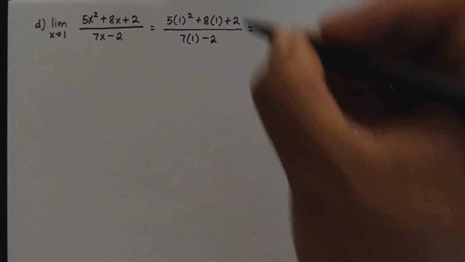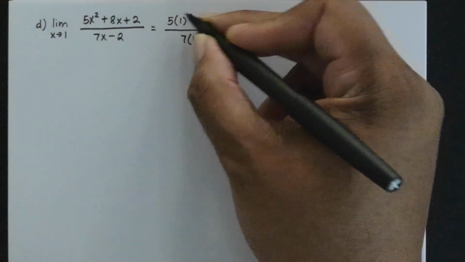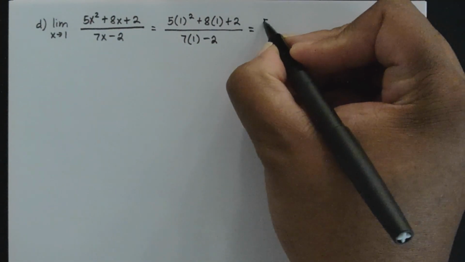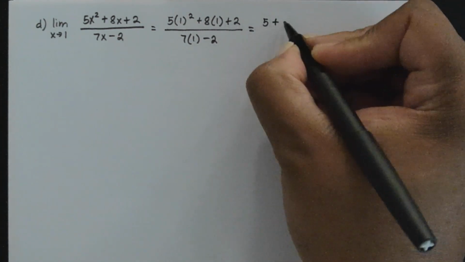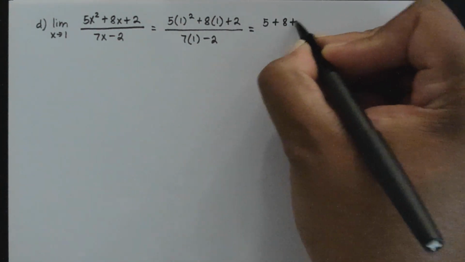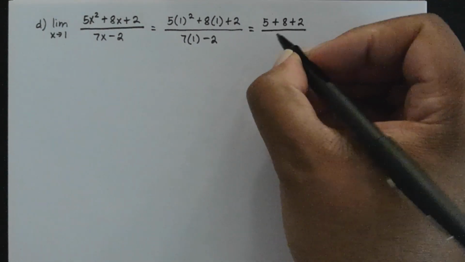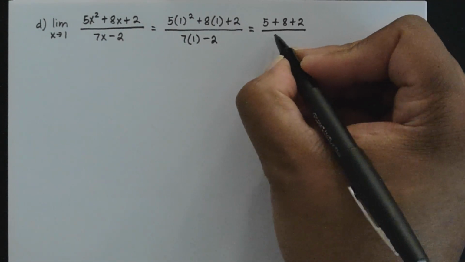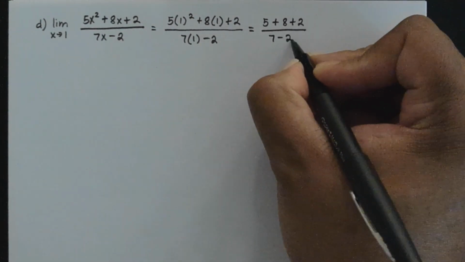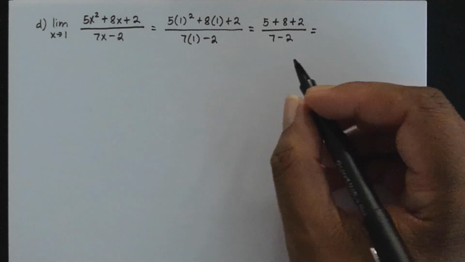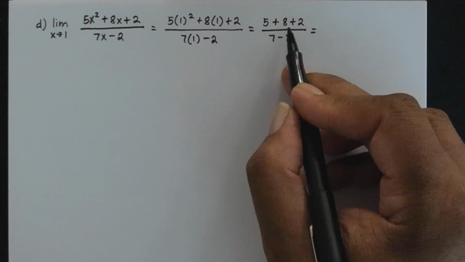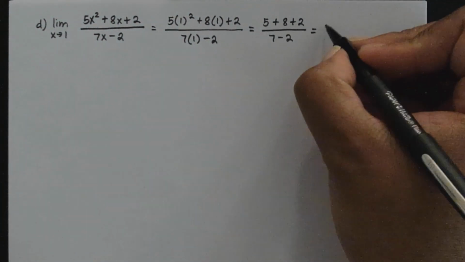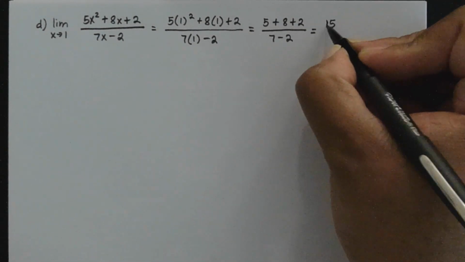Now, if I simplify that numerator, 1 squared will be 1 times the 5 in front will be 5, plus 8 times 1 is 8, plus 2, divided by 7 times 1 will be 7, minus 2. If I add 5 and 8, that would be 13. 13 plus 2 will be 15.